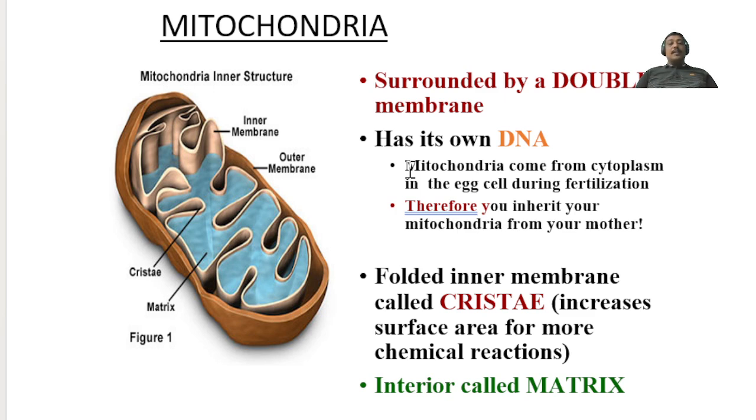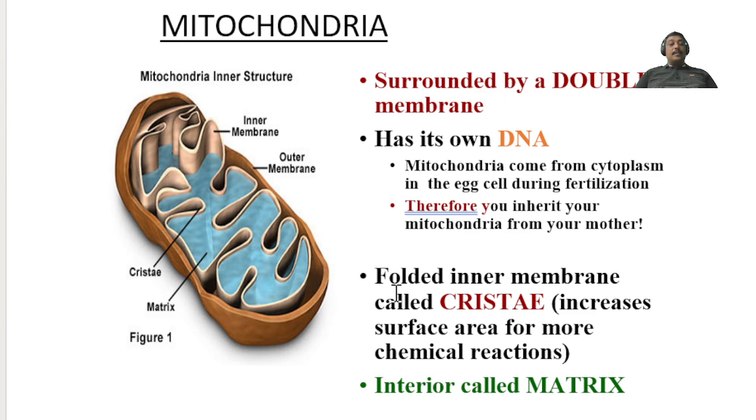You obviously see that this mitochondria is from the mother only. Why? Because the egg cytoplasm contains mitochondria, and when the egg is fertilized, the mitochondria will be passed on to the next generation. So the mitochondrial DNA is transferred through the process called fertilization. Therefore, you inherit exclusively your mother's DNA through mitochondria.